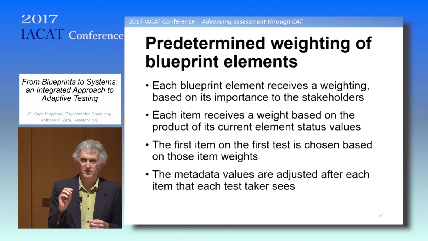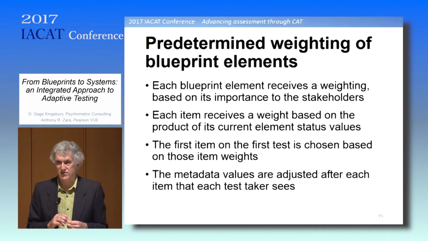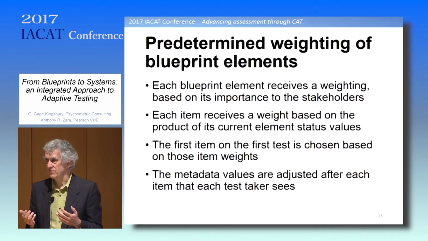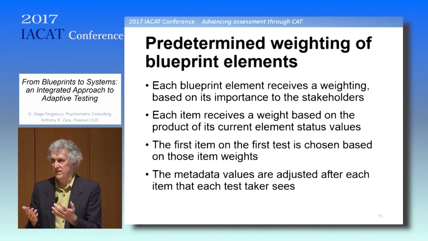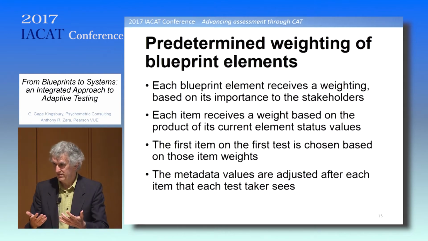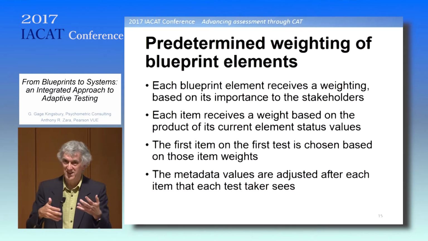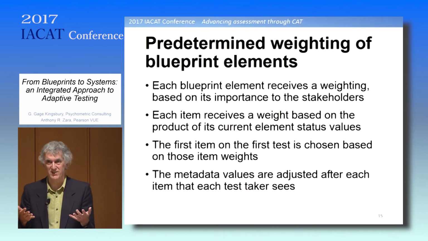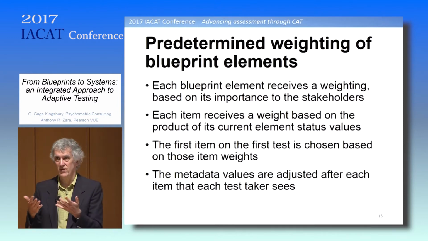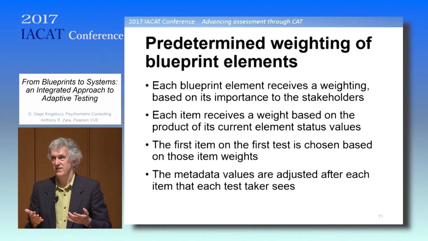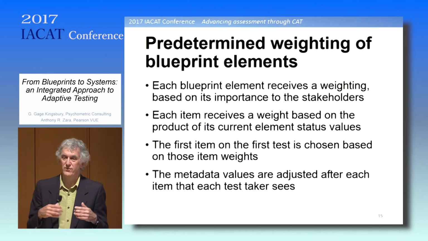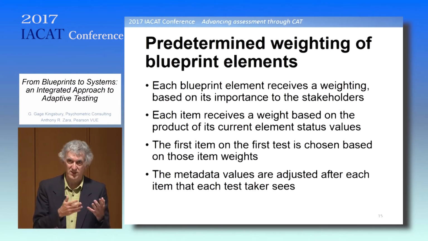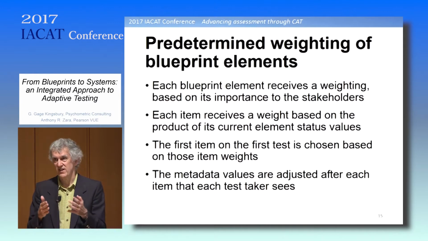As Tony mentioned, in certification and licensure, a lot of times the test plan is a legal document. All the time, a test plan is a legal document. And so you may get in trouble if you don't do something that's in the test plan. So if we have the stakeholders involved from the beginning in setting the priorities, we don't have to worry.